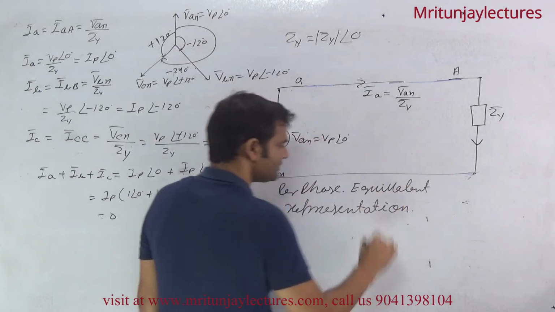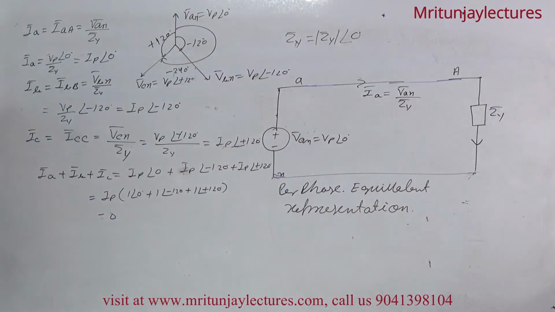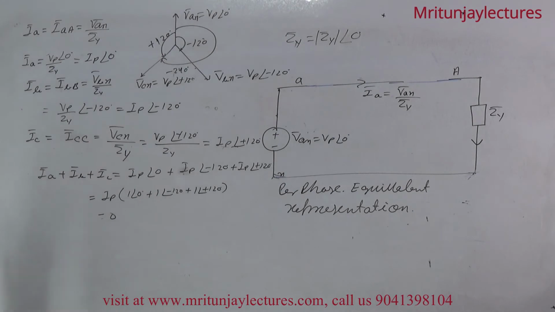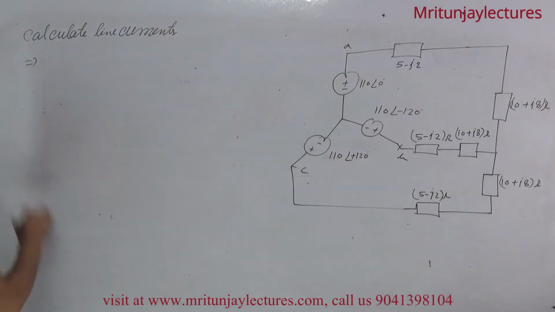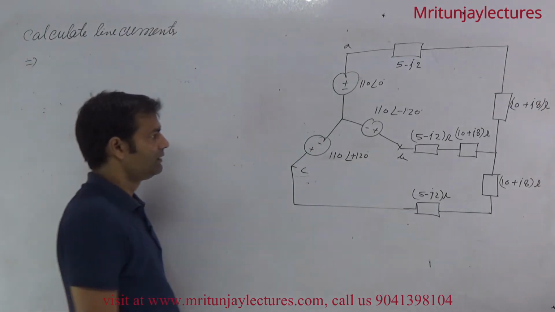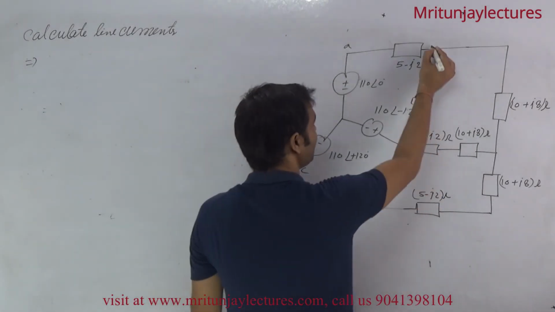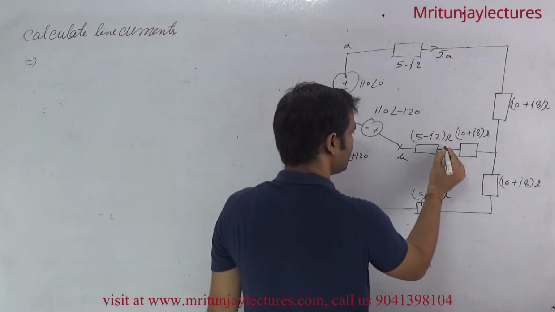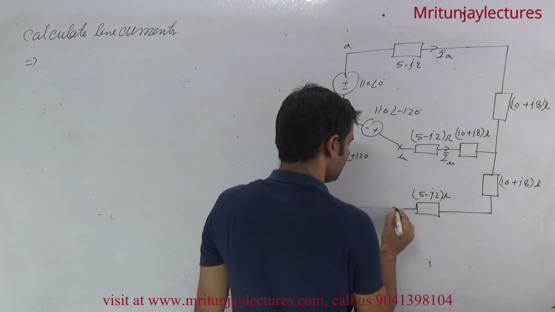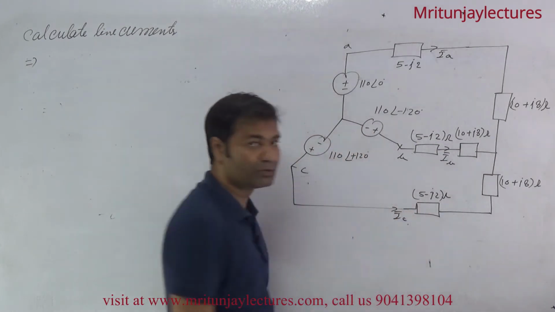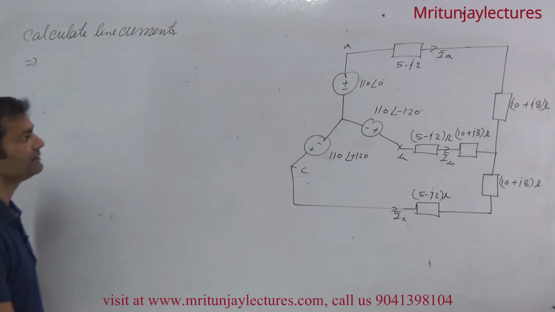Now we have discussed the first part, after that we have discussed the question. Corresponding to the question, our motto is to determine the line currents. In a star-star connection, line current and phase current are the same. Our motto is to determine IA, IB and IC.